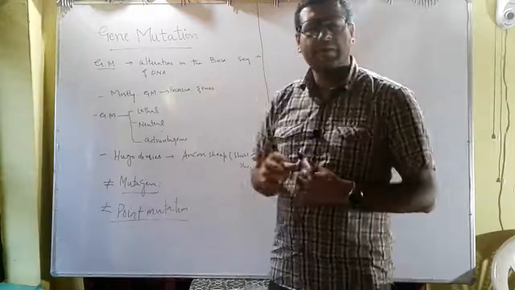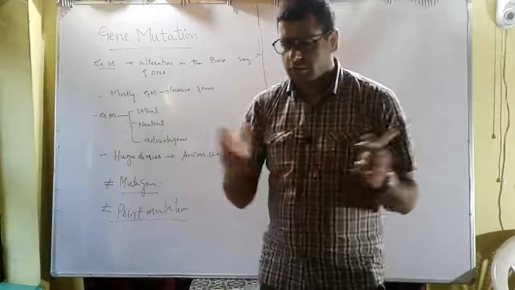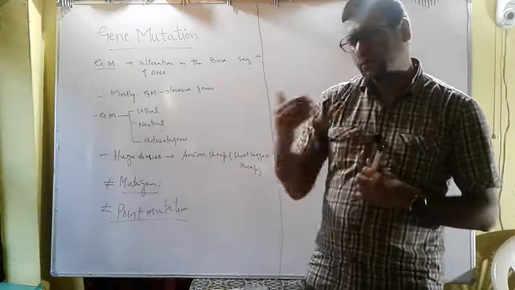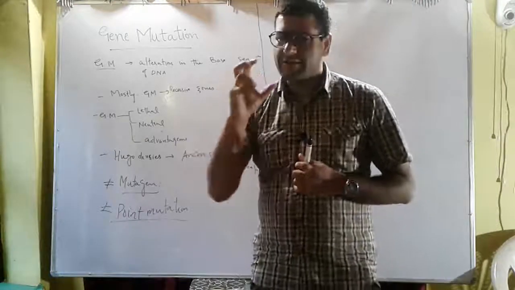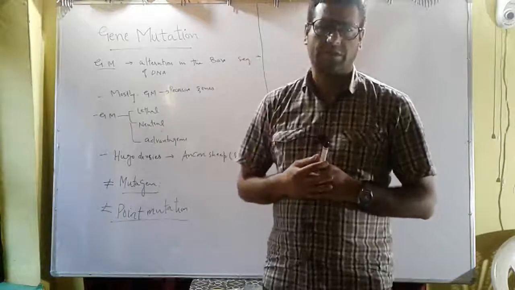Sometimes gene mutation may involve a large segment of the DNA. Sometimes it may involve many nucleotides, and sometimes it can be as small as a single nucleotide getting altered.